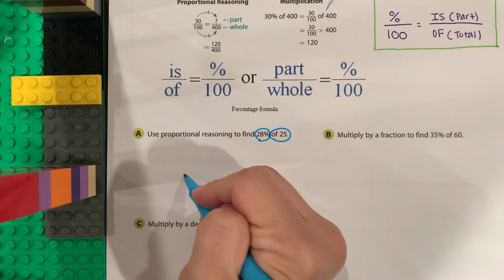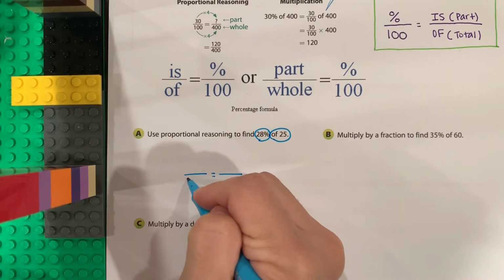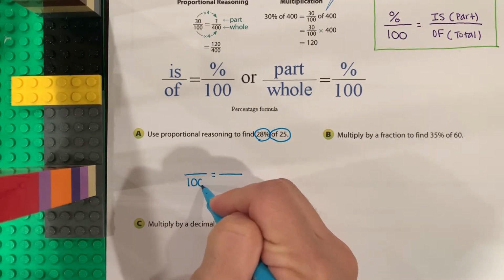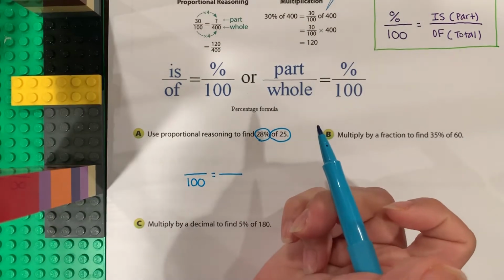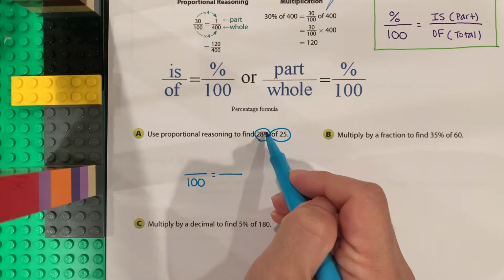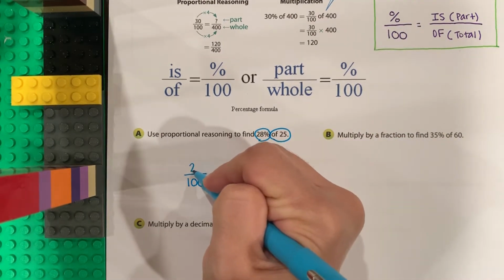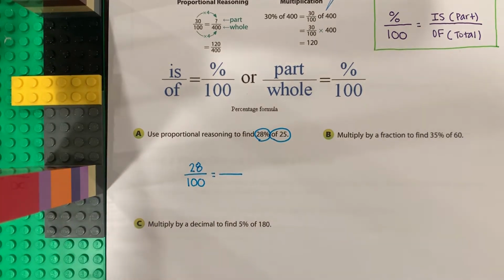When I solve my percent proportion, I'm always going to have 100% on the denominator. Since I have 28% and I know that percent goes on top of 100, I'm going to write 28 right here.